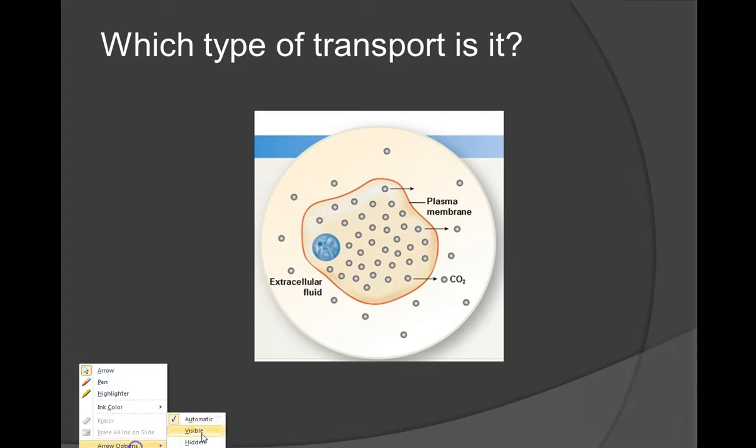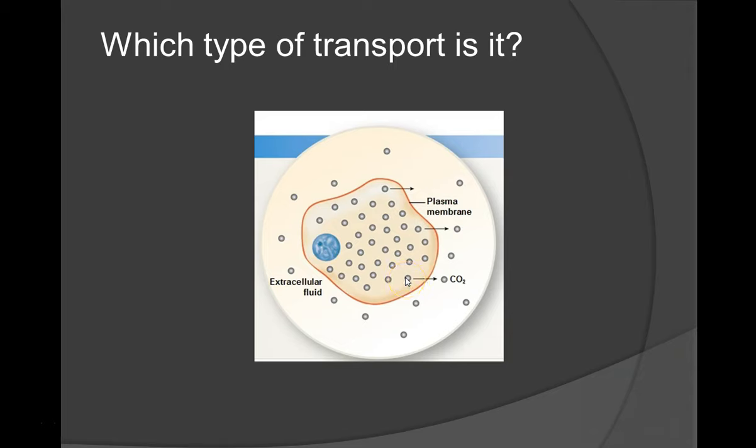Okay, so what you should first notice is how to interpret this cartoon representation. These little gray dots are representing carbon dioxide, and this orange line right here is the boundary of the cell. So if you want to think about what type of transport it is, the first thing you have to ask yourself is where's the high concentration and where's the low concentration?